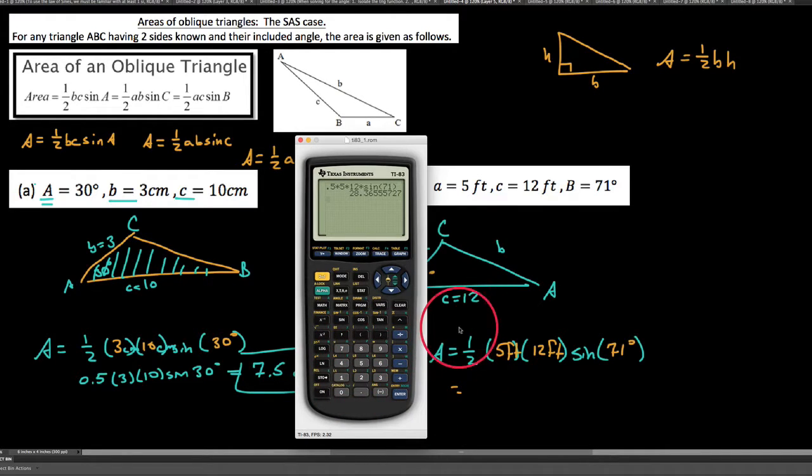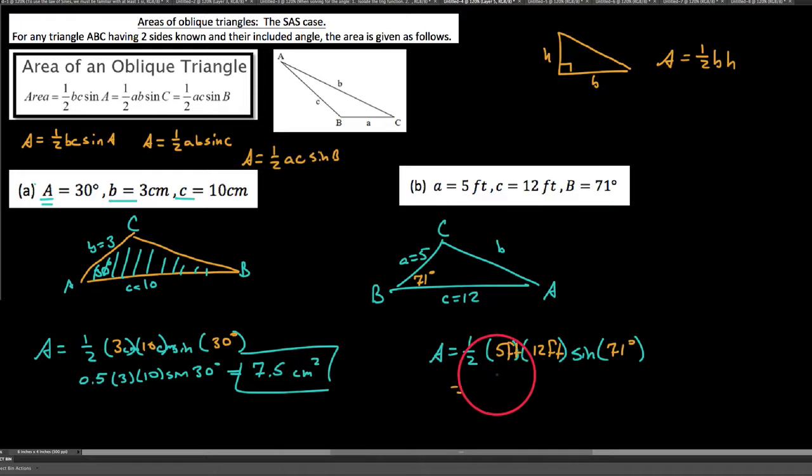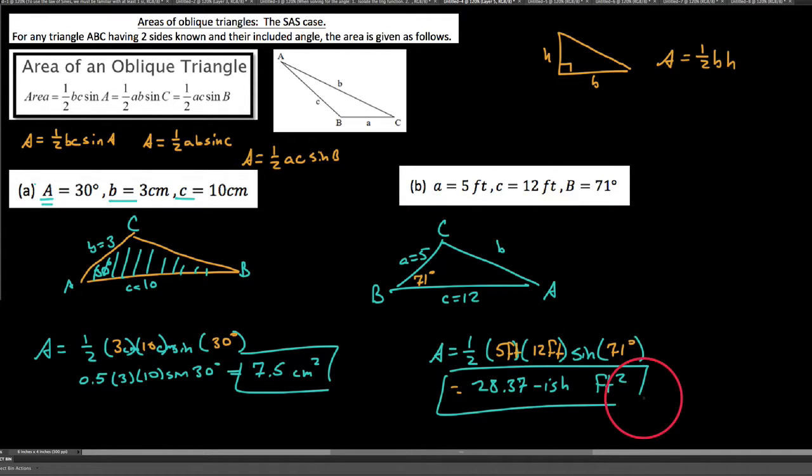We're going to get a total area of about 28.37, and we would say this is in square feet. So it's a pretty easy formula to use, but more importantly, you should know it. Given two sides and their included angle, we can always find the area by finding 1/2 side times side times the sine of the angle included between them. Cheers.